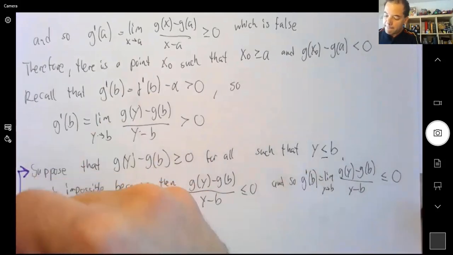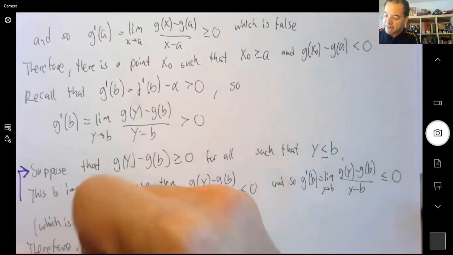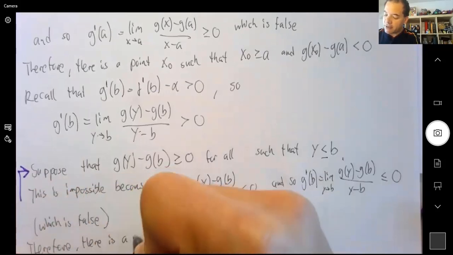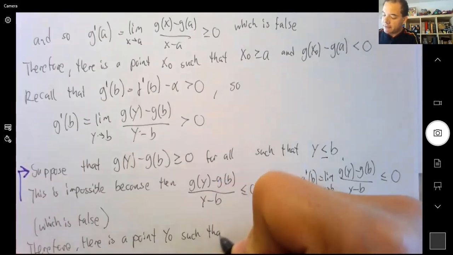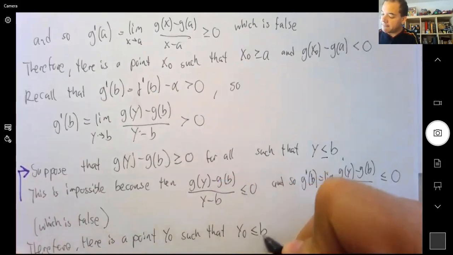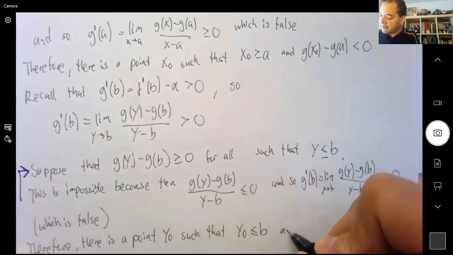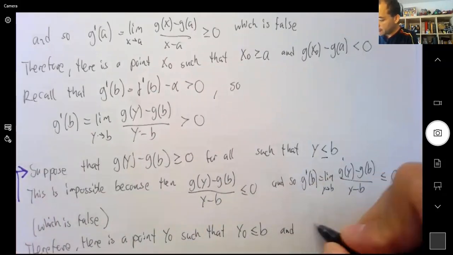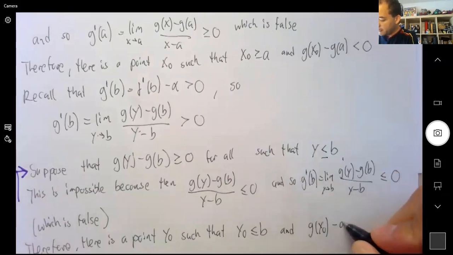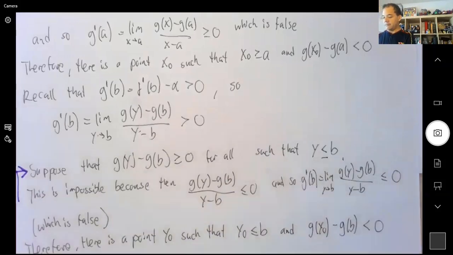So therefore, there is a point y0 such that y0 is less than b, and g of y0 minus g of b is less than 0. So this, by the way, makes it so that y0 cannot be equal to b.